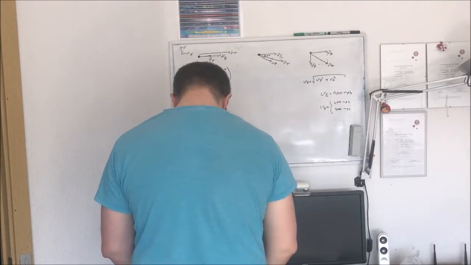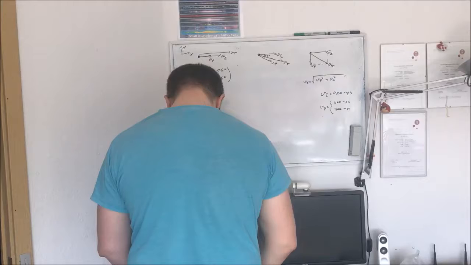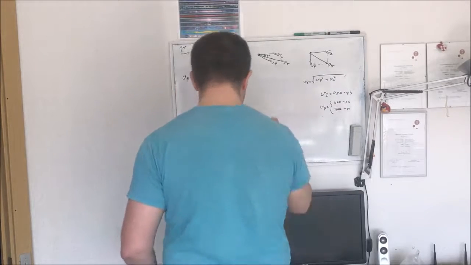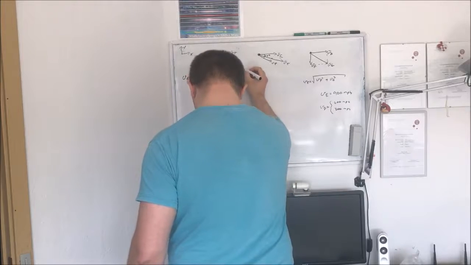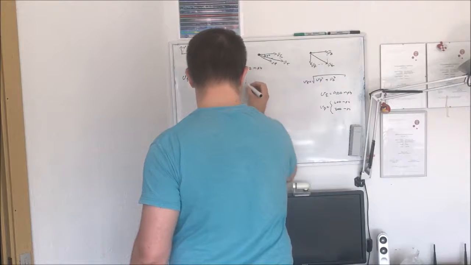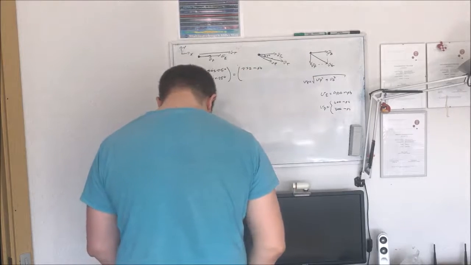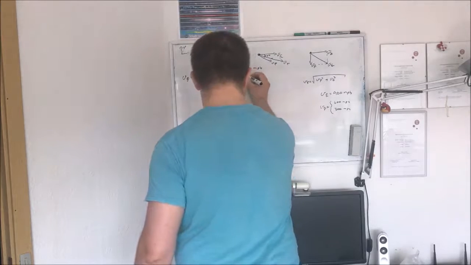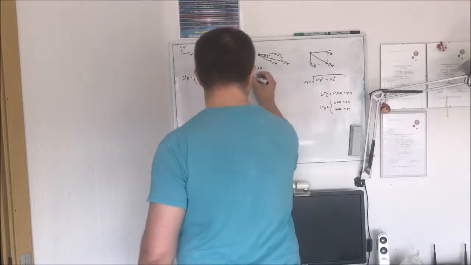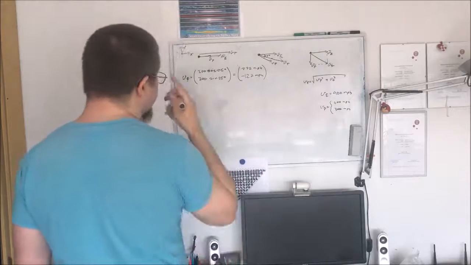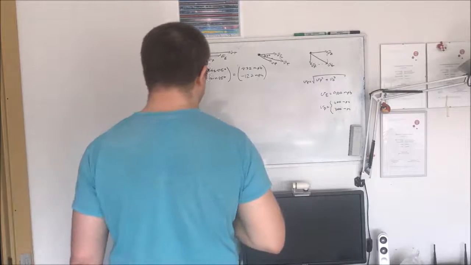So let's calculate that. 300 times cosine of minus 25 is roughly 272 miles per hour. And again we have 300 times sine of minus 25. It gives minus 127 miles per hour. We add the vectors again like we did before, component-wise.